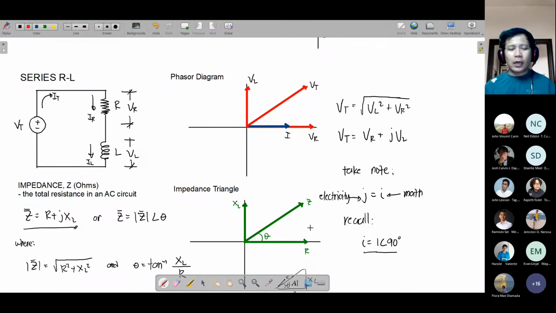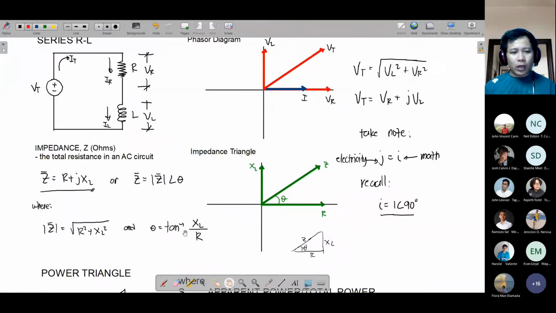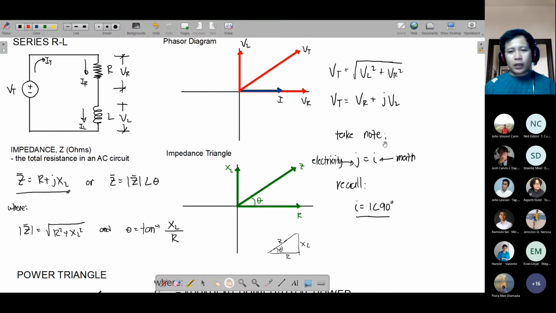But again, since we were already taught the calculator, you can just convert using the calculator. So the magnitude of your impedance Z is the square root of R squared plus XL squared, and the angle is the arctangent of XL over R. Okay, so take note here: electricity is J, but math is I.